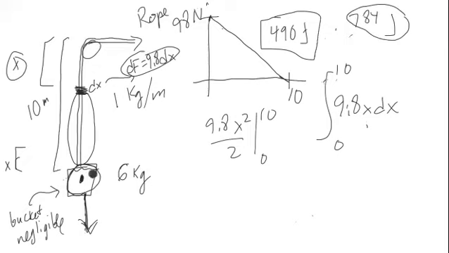We haven't really subdivided this bucket into pieces that we can easily work with. So really the best interpretation here is the force interpretation, where we know we're starting at 6 kilograms, which would be a weight of 6 times 9.8.